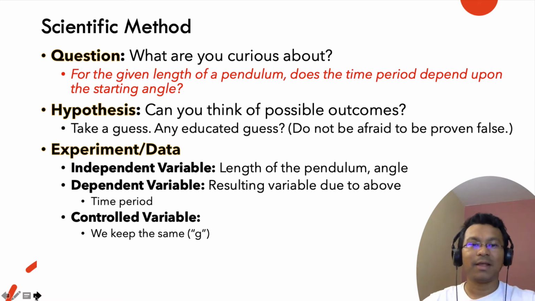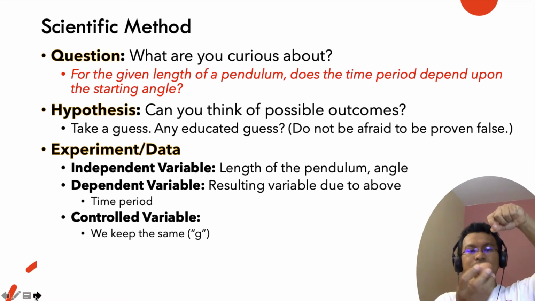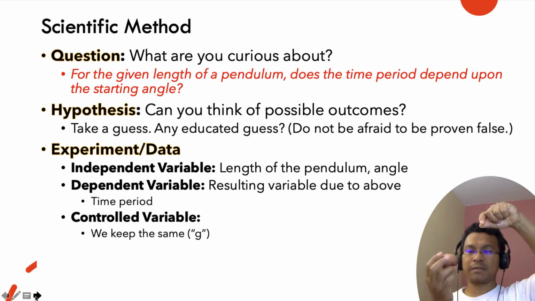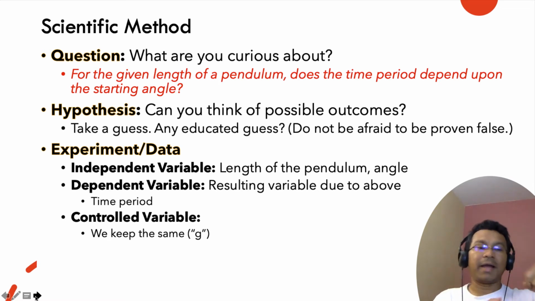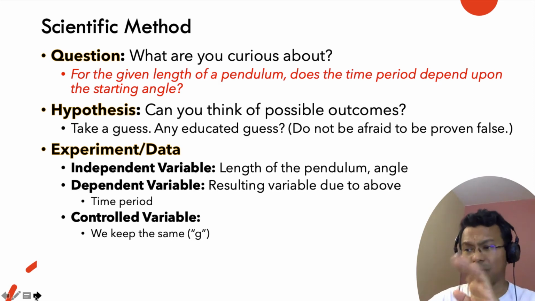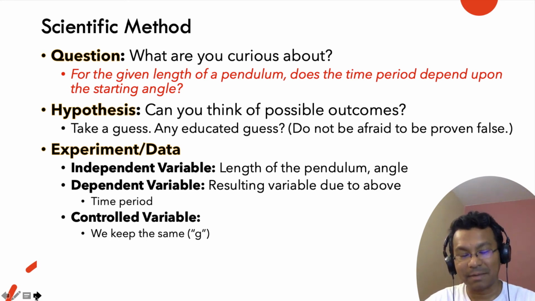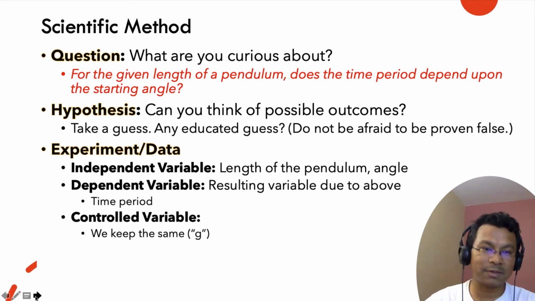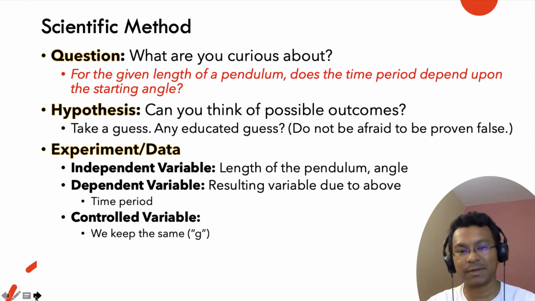If I do an experiment over here and repeat it again later, the value of acceleration due to gravity should not change. So that's the control variable. Keeping the acceleration due to gravity the same means we perform the experiment on the surface of the Earth in the same location for two sets of experiments.